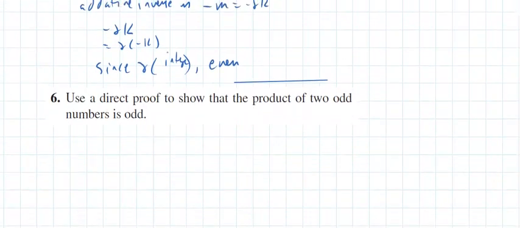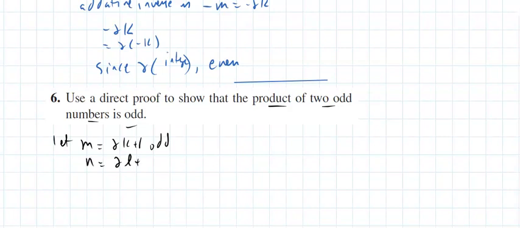Use direct proof to show that the product of two odd numbers is odd. All right. Let m equal 2k plus 1. That's odd. And let n equal 2l plus 1. That's also odd.